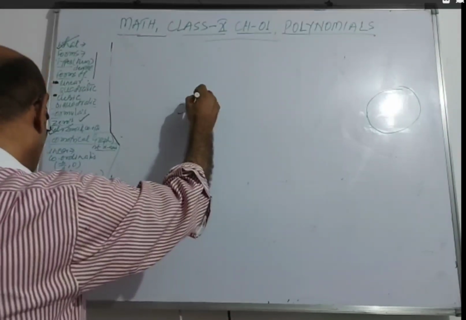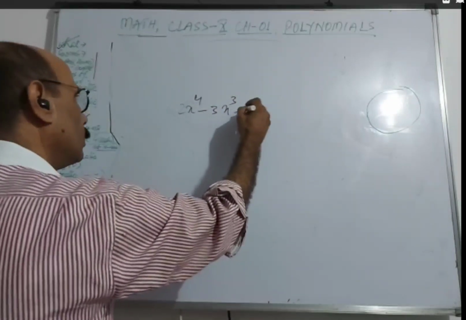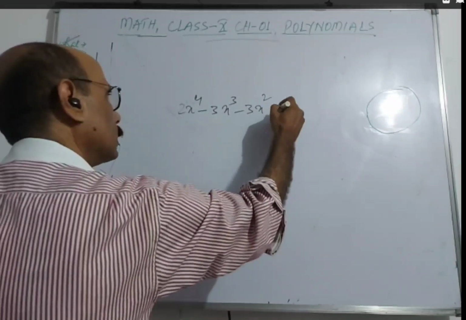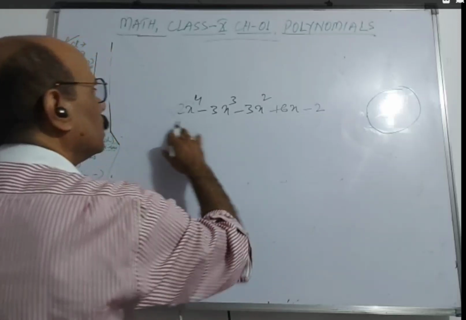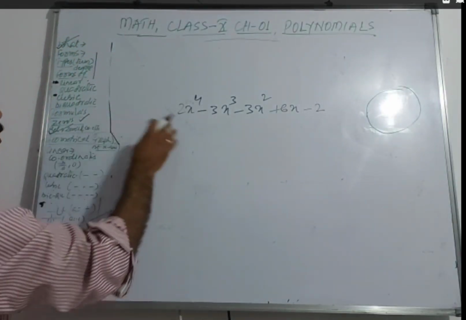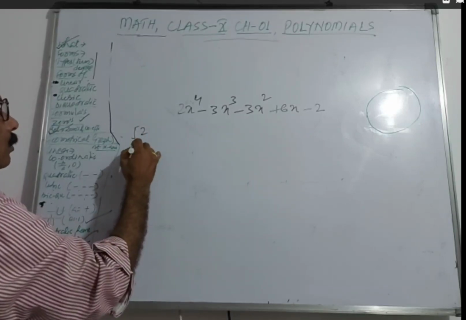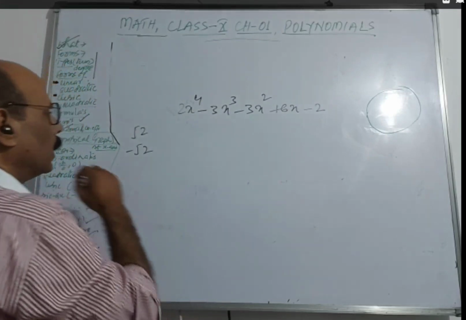Suppose this is given: 3x cube minus 3x square plus 6x minus 2. This is a polynomial. Okay, two zeros are given. Suppose here root 2 and minus root 2. Then the other two zeros are being asked.